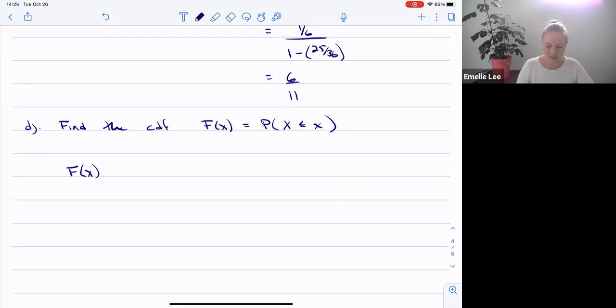F of X, it's going to be really confusing to talk about X's in terms of these X's for a little bit.